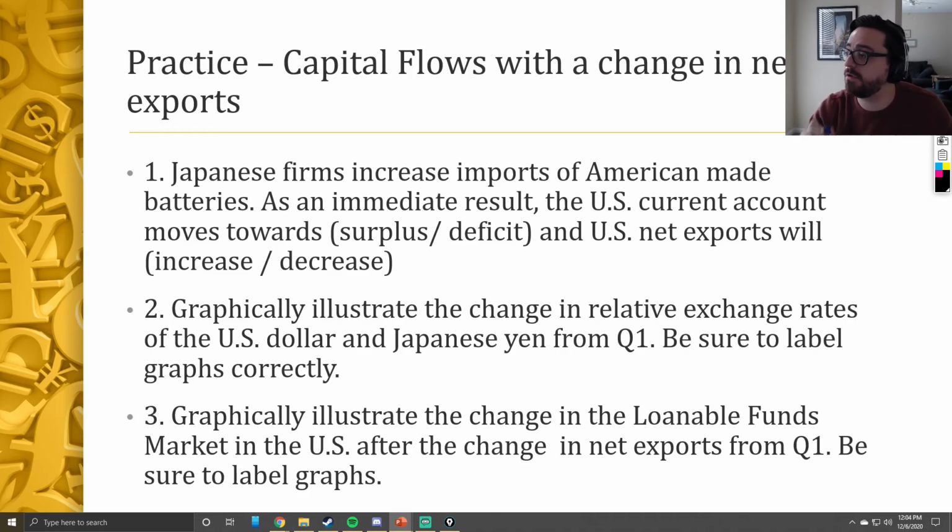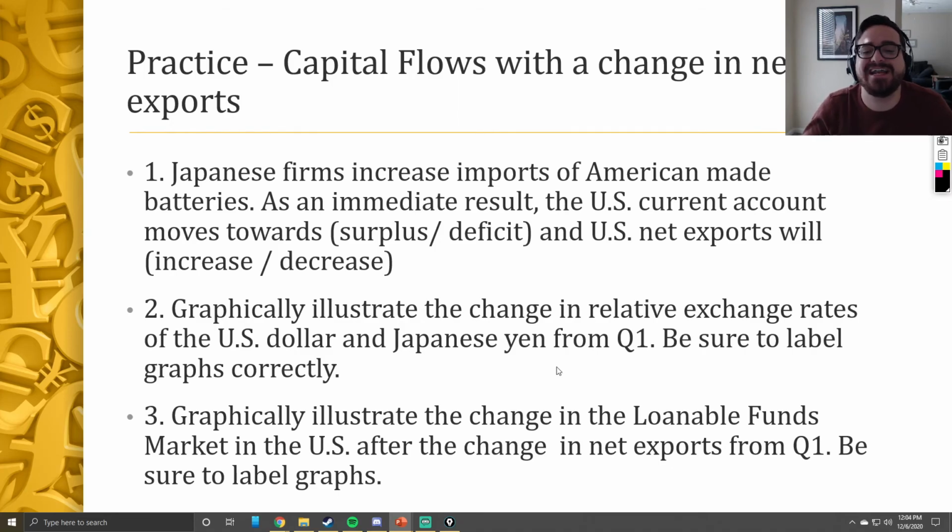Well, as a result of the change in the value of the currency, which is that it's appreciating, if the US dollar is appreciating, then we'd be importing more and exporting less. Currency appreciating causes net exports to start to fall.